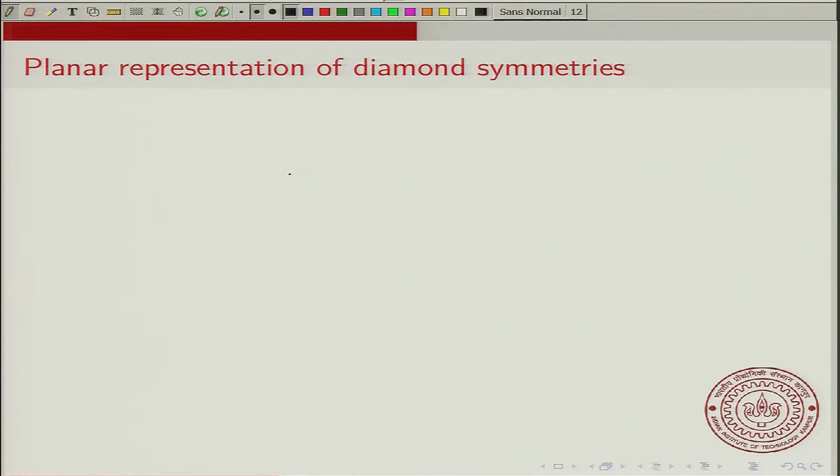And here I want to show what the various screw axes look like. Now, if you recall, the planar representation of diamond looked like this.